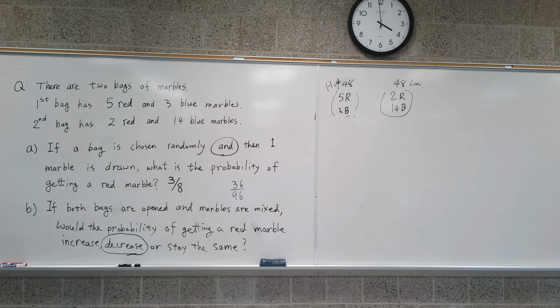But if you have different cases, then you have to add. So here's how things go. You could have bag 1 and then get a red, or bag 2 and then get a red. Let's try to calculate each probability and see what we can do with it.